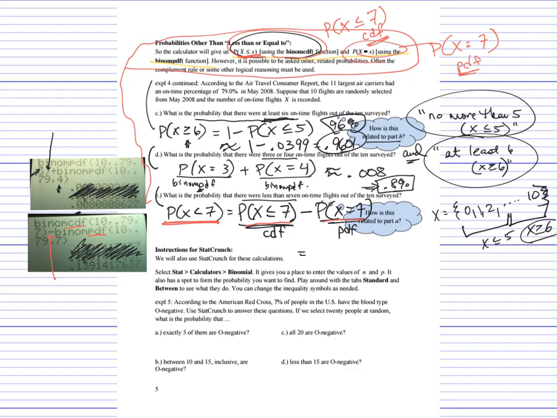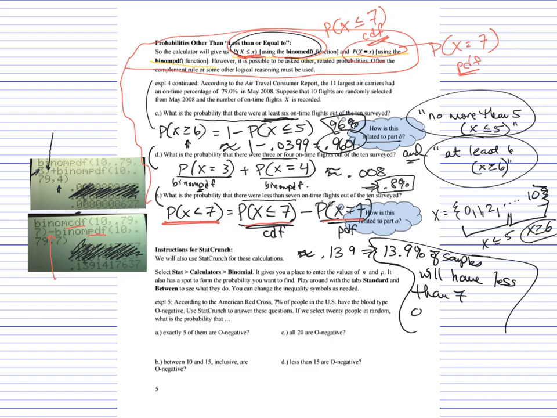I just copied my answer down below. Approximately equal to 0.139. So 13.9% of the samples, let's complete our sentence, will have less than 7 on-time flights. Make sense? All right.